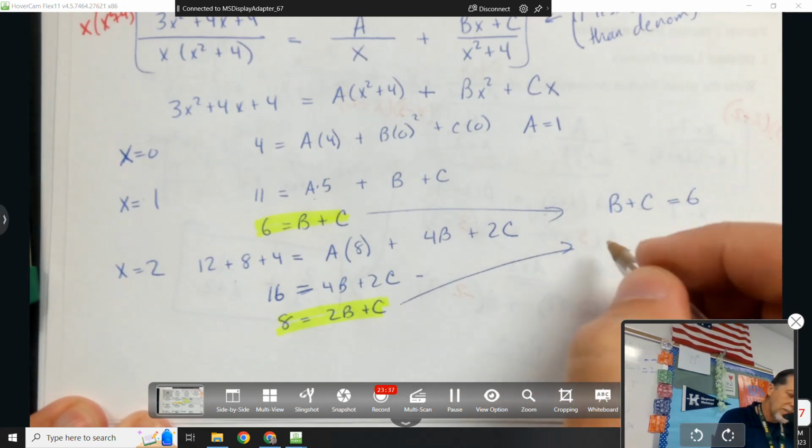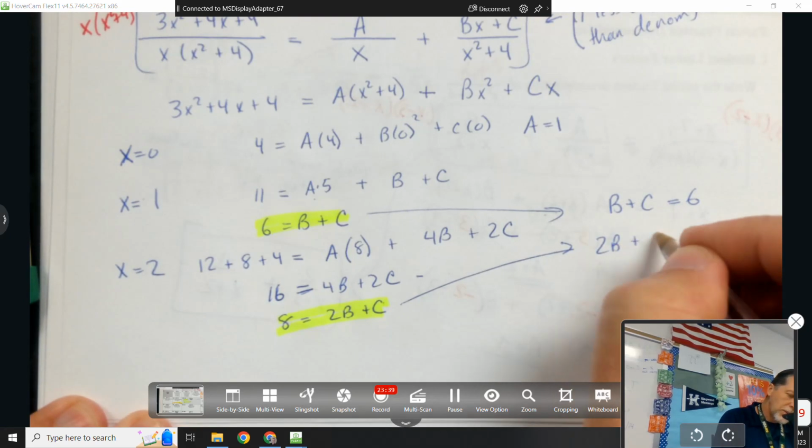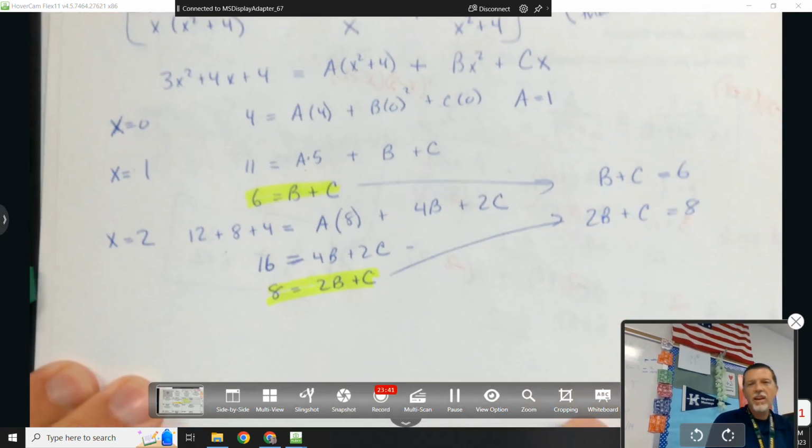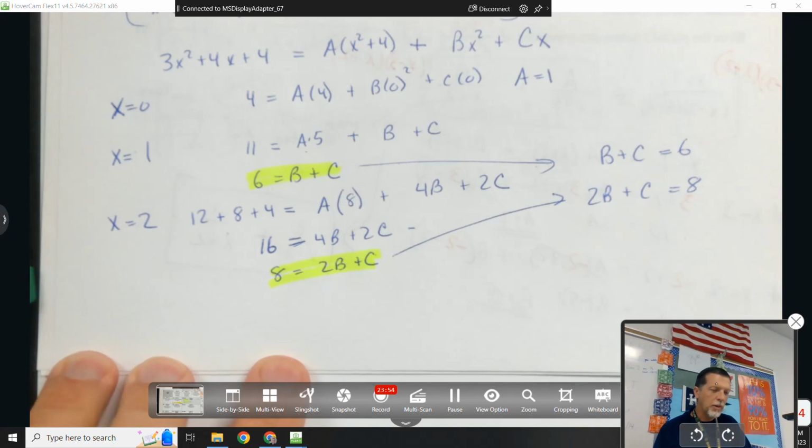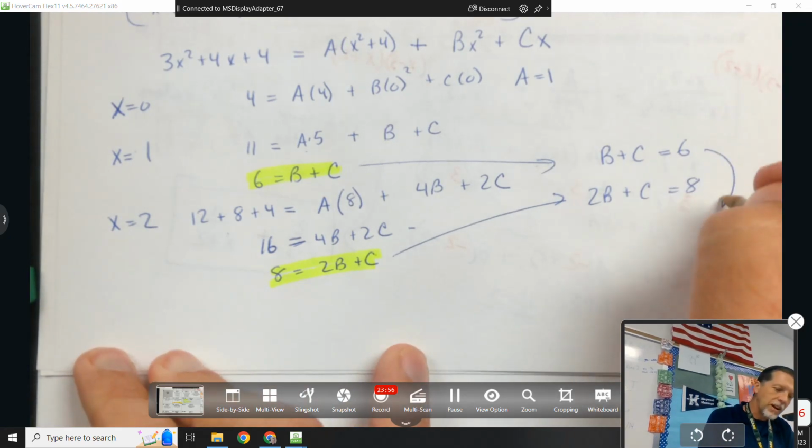b plus c equals 6. 2b plus c equals 8. And so here's where you've got those options of graphing, I suppose. We're not going to graph it. Substitution, not awful. But elimination or combination is probably the best way to go. That's where you multiply one of them by negative 1 or negative whatever you need to make it work.